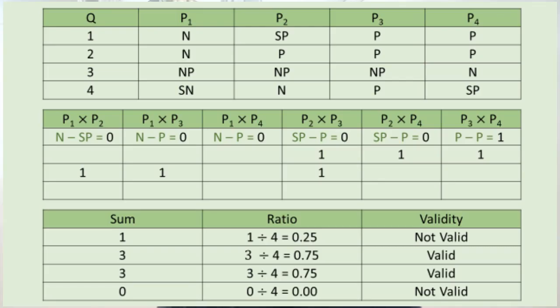How are we going to determine the validity of these questions? If it is 0.25, not valid. 0.75, valid. 0.75, valid. 0.00, not valid. How would you identify if it is a valid question or not?